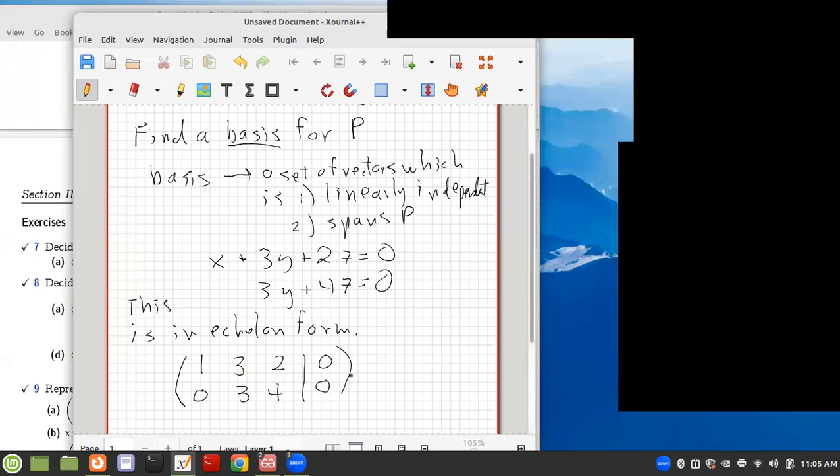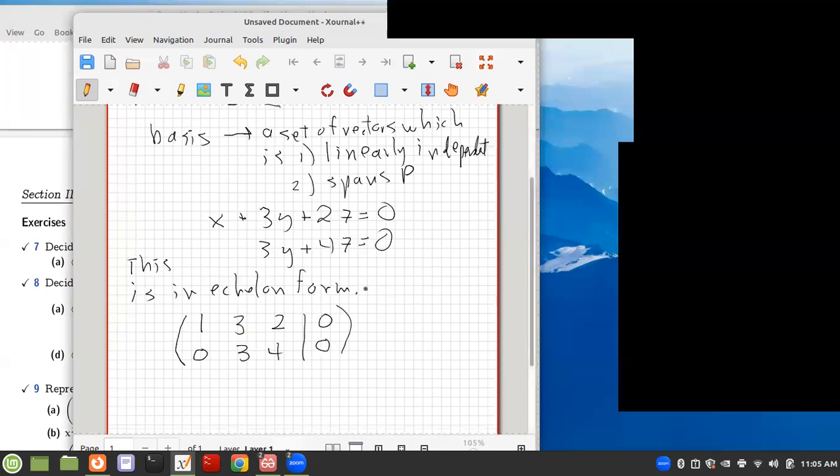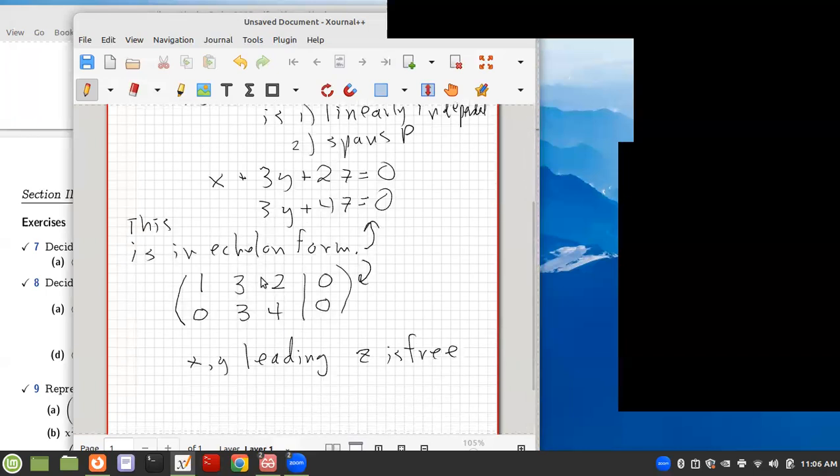And you can see clearly then that this is in echelon form. Okay, so what it means is that X and Y are leading, but all the variables that are not leading are free, so Z is free. So we want to solve these equations here for Y in terms of Z and X in terms of Z.